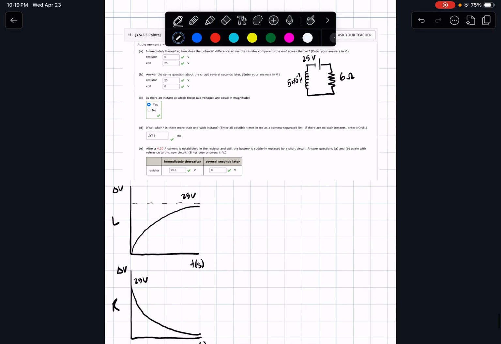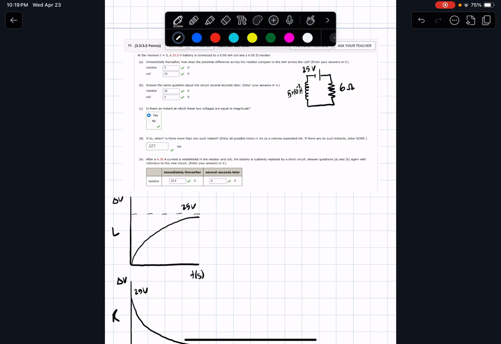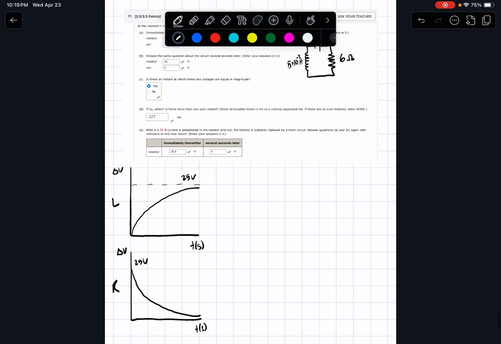So part A, this will be immediately thereafter. So that means that when t is equal to 0. So, again, if you think about it, first for the resistor, since this is at the beginning, all of the voltage will be going through it and not the inductor.